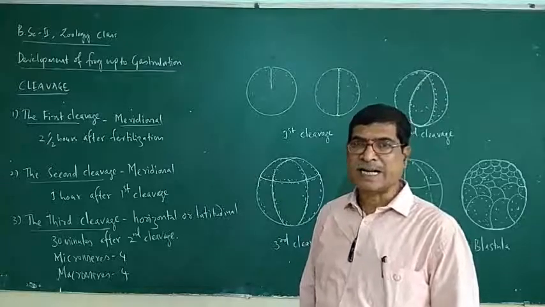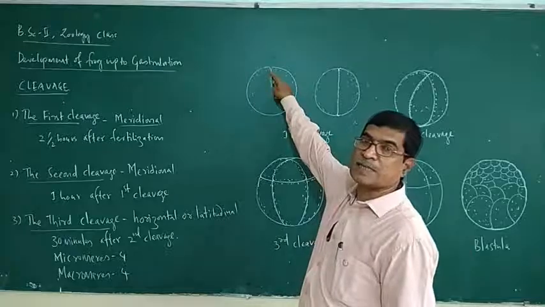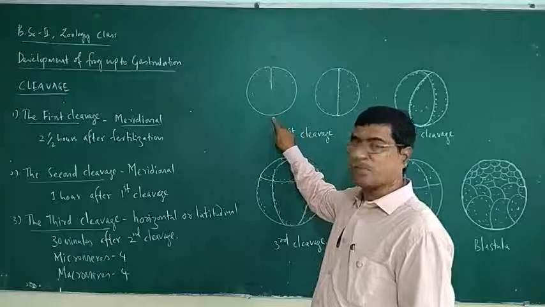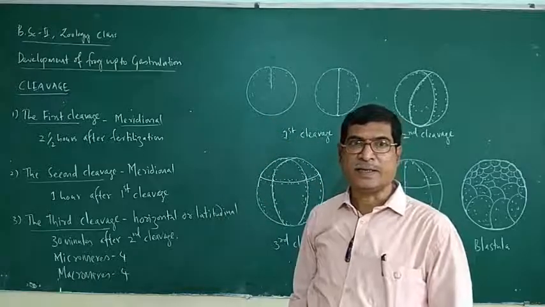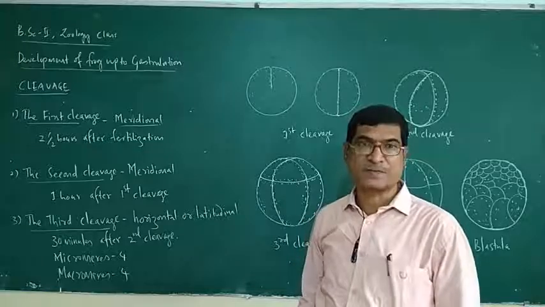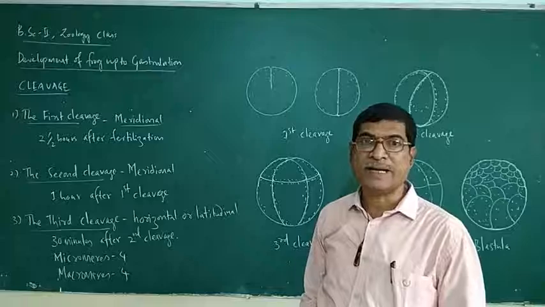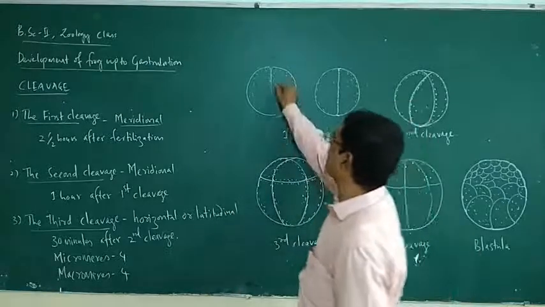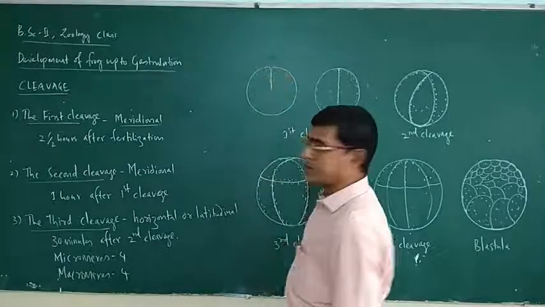The division starts from the animal pole and ends in the vegetal pole, passing through the animal and vegetal pole axis, or median axis. Through the median axis it passes. So this is called the meridional plane.